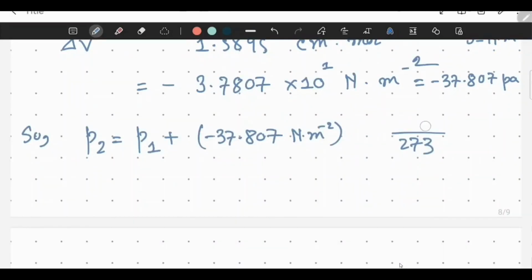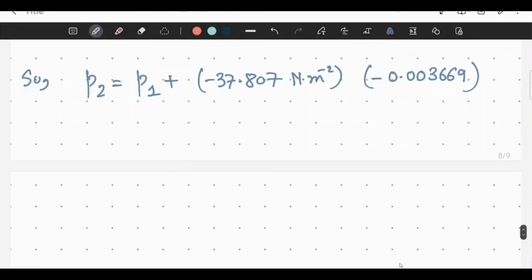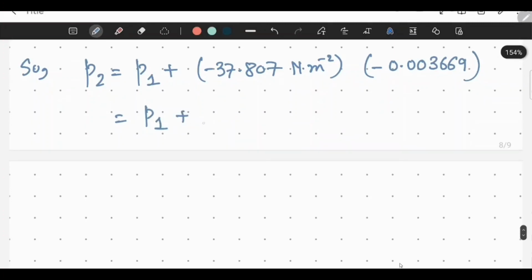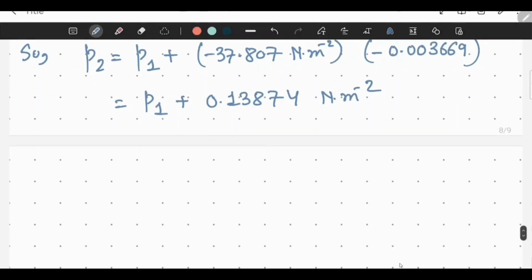So it is again a negative 0.002669, so into 37.807. So eventually it is P1 plus 0.13874 Newton per meter square. Okay. So now this is in Newton per meter square, not in atmosphere.